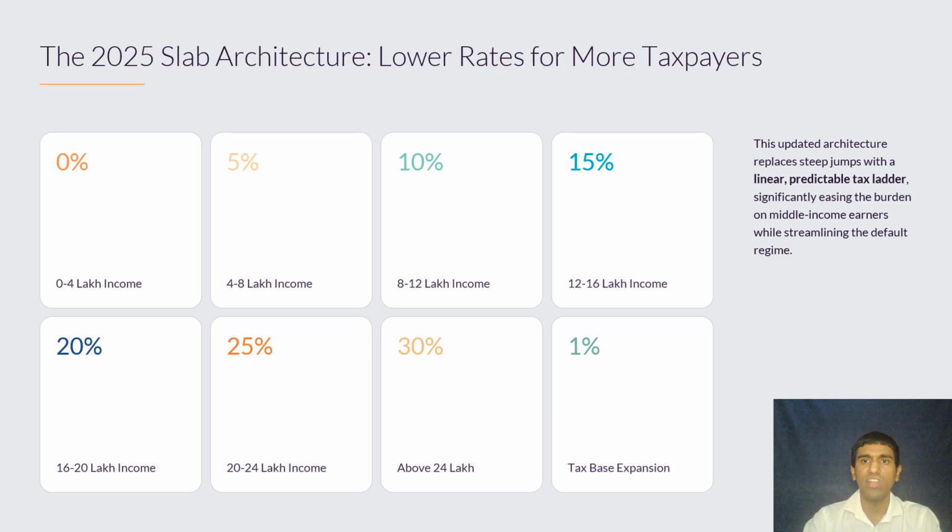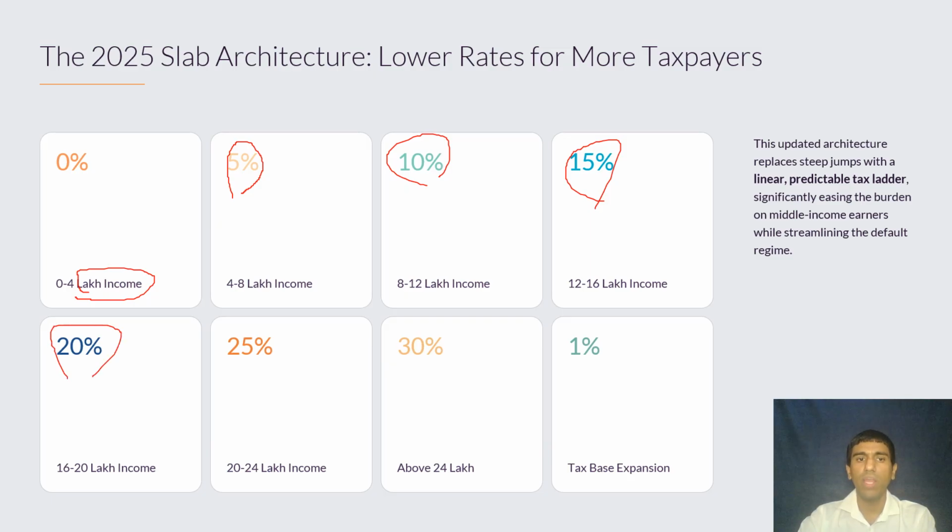This is the slab rate suggested under the new regime, and under the new act also this is the same one. 4 lakh is the tax free limit. 4 to 8 lakh 5%, 8 to 12 lakh 10%, 12 to 16 lakh 15%, 16 to 20 lakh 20%, 20 to 24 lakh 25%, and above 24 lakh it's 30%. And tax base expansion is happening, something around 1%.